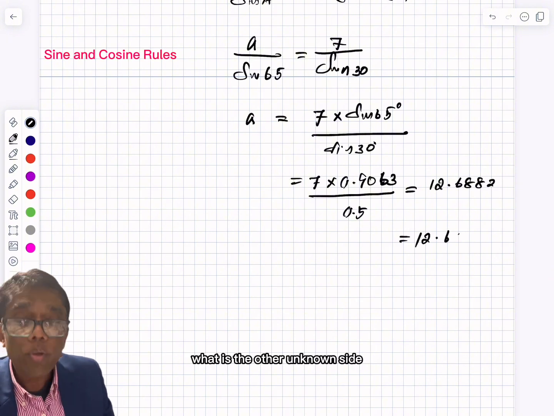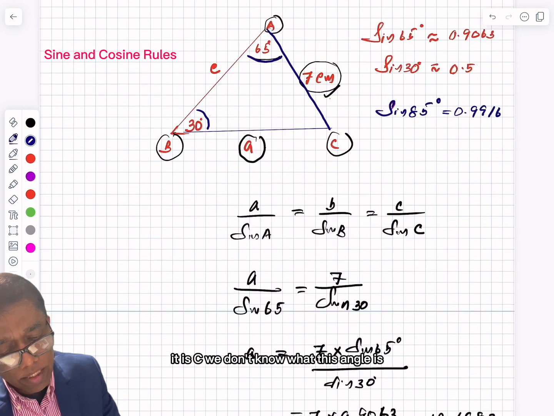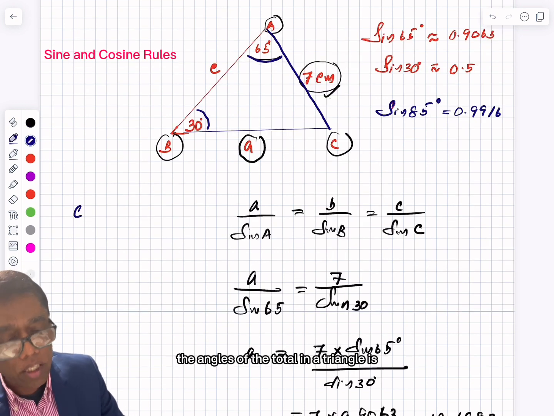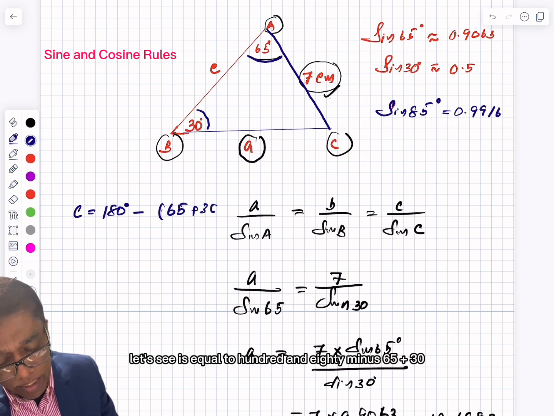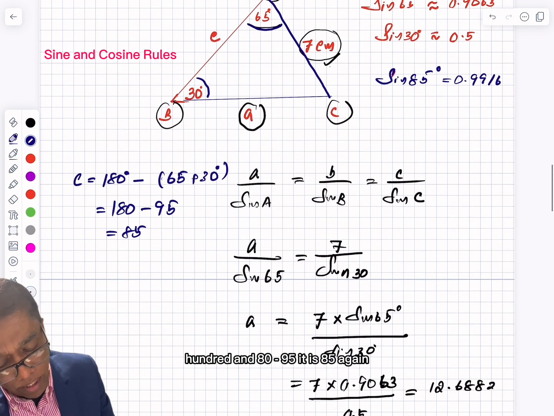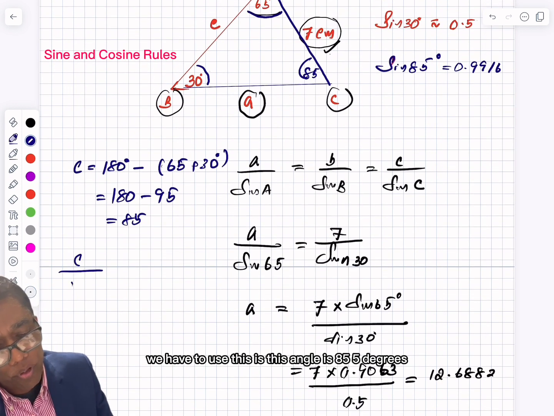What is the other unknown side? It is c. We don't know this angle, but the angles in a triangle total 180. Therefore, the angle at C is equal to 180 minus (65 plus 30), which is 180 minus 95, so it is 85 degrees.